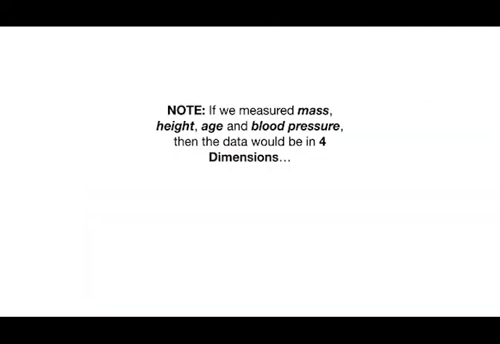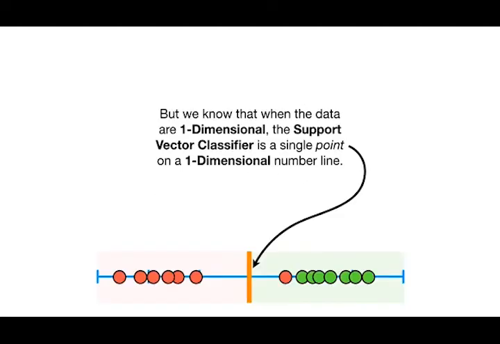Note, if we measured mass, height, age, and blood pressure, then the data would be in 4 dimensions. And I don't know how to draw a 4-dimensional graph. Wah wah. But we know that when the data are one-dimensional, the support vector classifier is a single point on a one-dimensional number line.